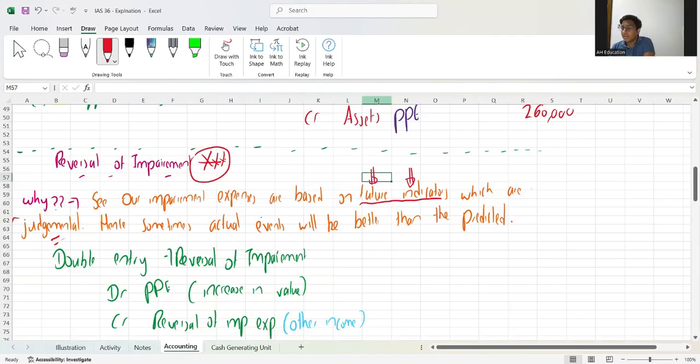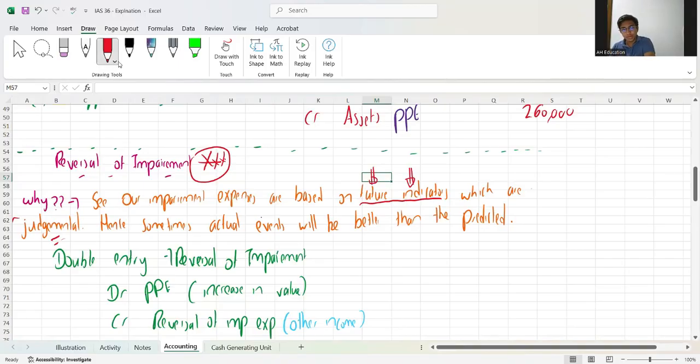Now all these indicators, whether internal or external, are judgmental, based on our expectations. Do you think there's a 100% probability that what we expect would happen in the future? No, right?